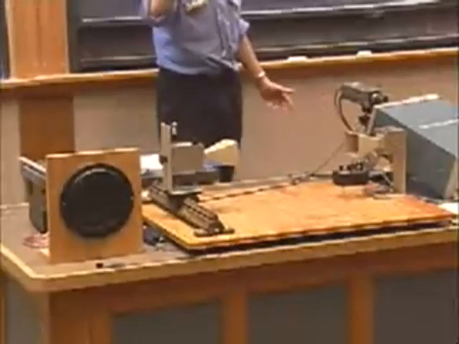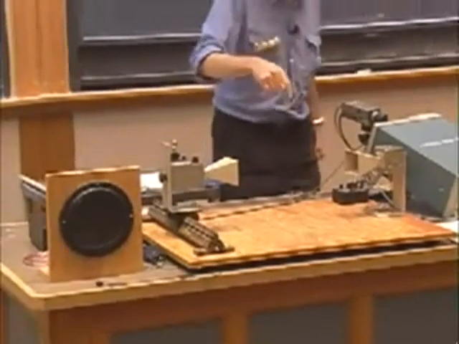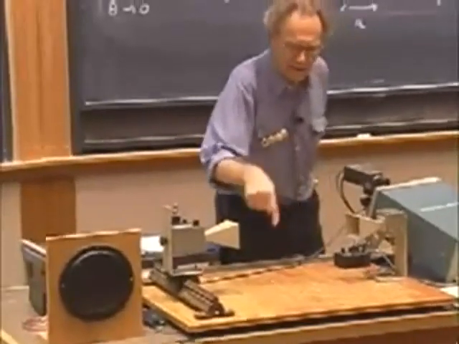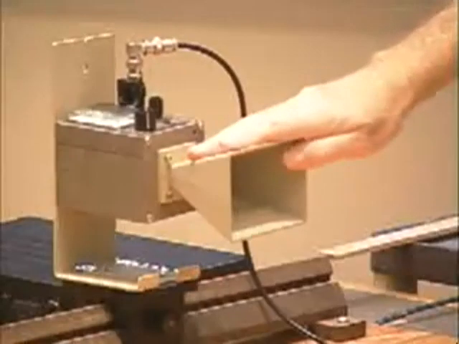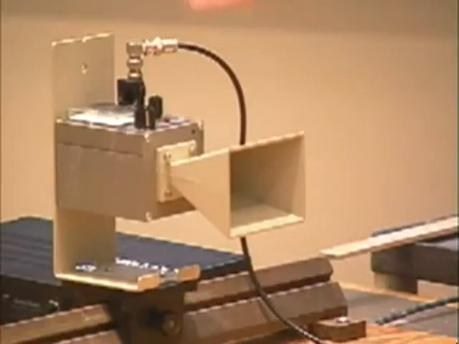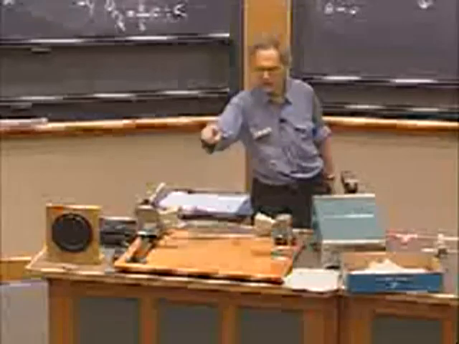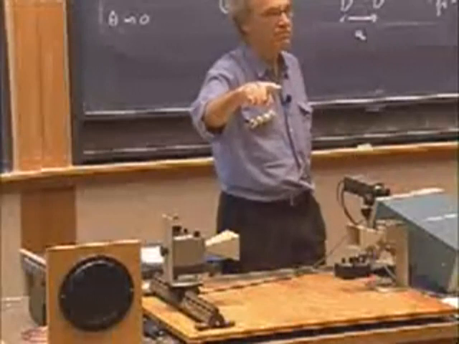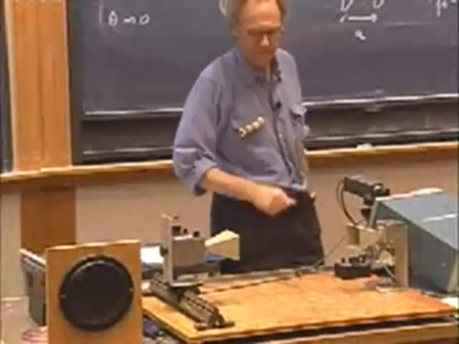It's only a very small antenna, but it's only 3 centimeters wavelength. So the E field goes like this, and here is the receiver. If we put the antenna of the receiver like this, it will receive the signal. If we put the antenna like this, it says, sorry, I can't receive it.